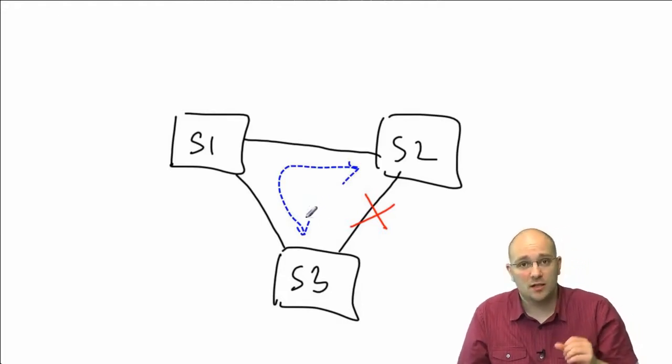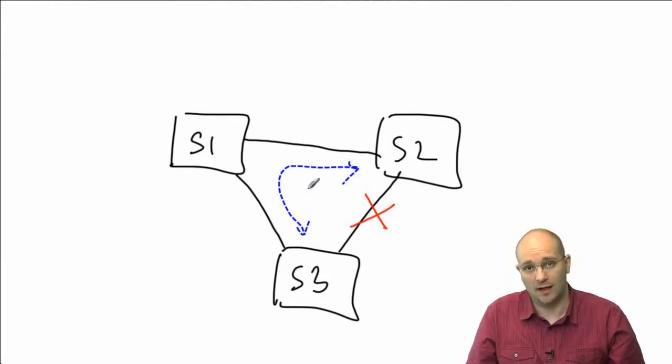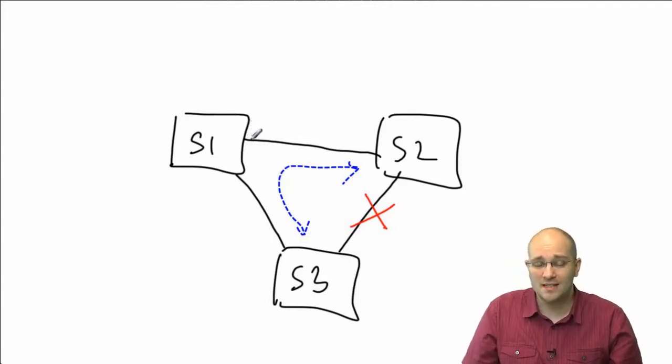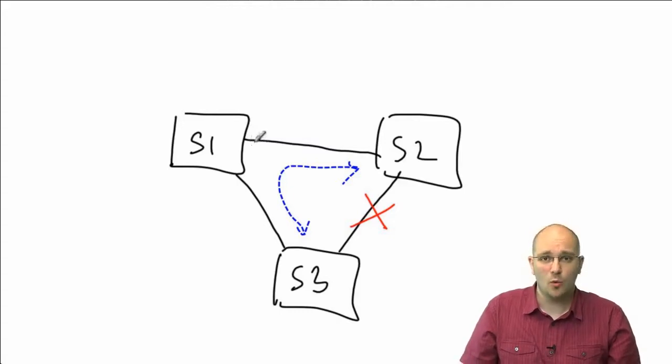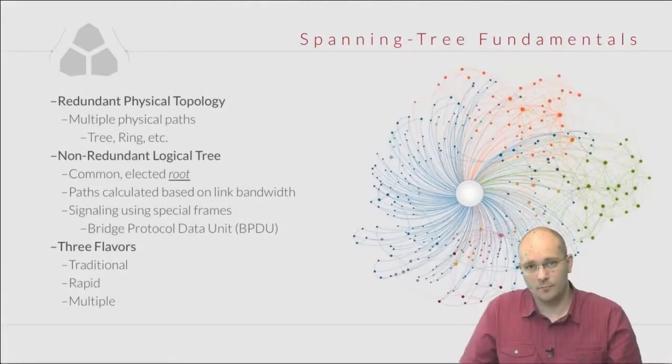So there was a reason why we configured these switches in a ring like this. This is just one of the examples. So how can we solve the problem of the bridging loop that I described earlier while still maintaining some redundancy in our network? Well, that's one of the things that spanning tree, or STP, is designed to solve.